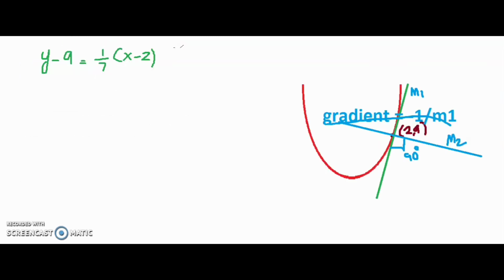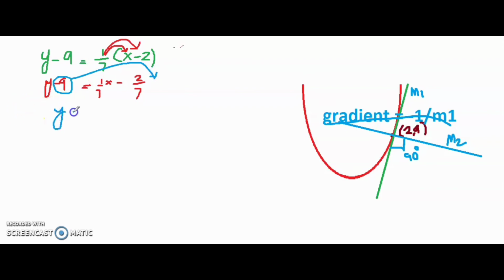Okay, now let's simplify it. So we get y minus 9 is equal to 1 by 7 of x minus 2. Let's open the bracket. We get y minus 9 is equal to 1 over 7x minus 1 over 7 times 2, which is 2 by 7. Now take minus 9 to the other side.